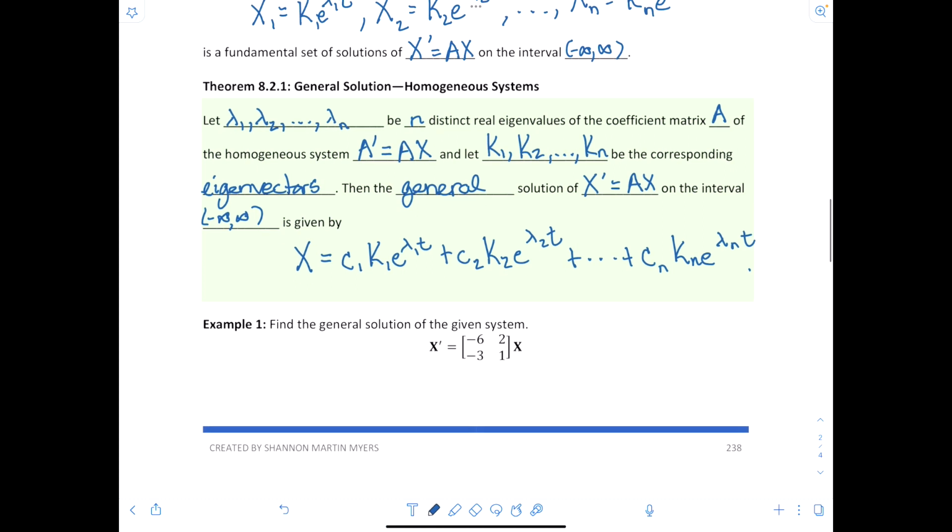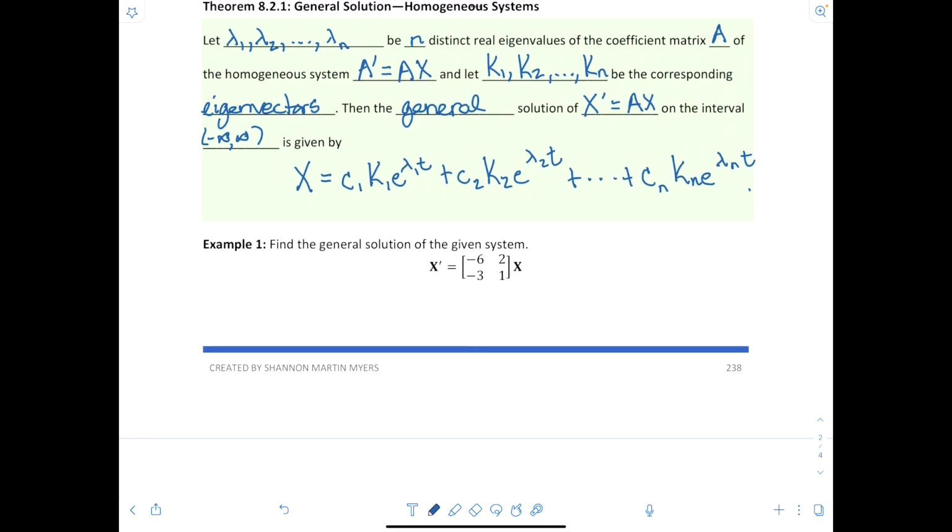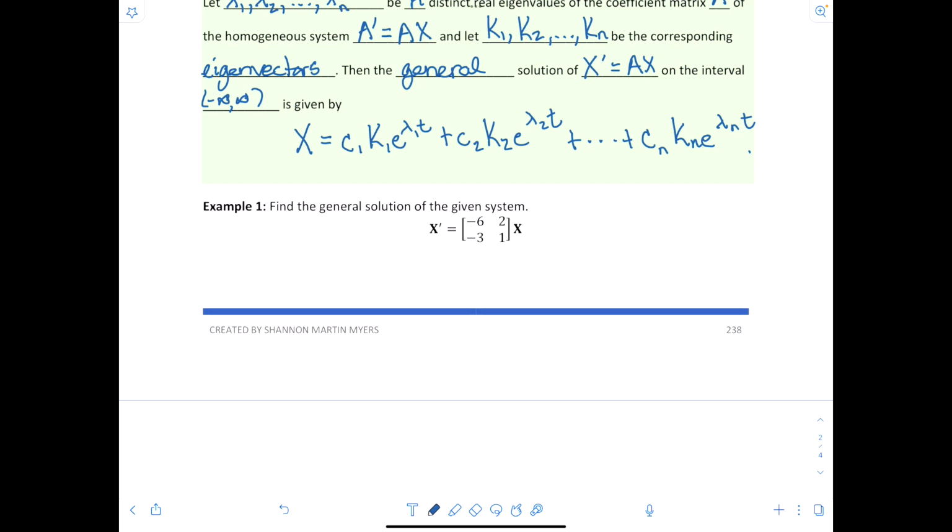All right, so first example, let's find the general solution of the given system. Sometimes it can be useful to identify what all we've got. A is the coefficient matrix, so that's going to be negative 6, 2 going across, and then second row negative 3, 1.